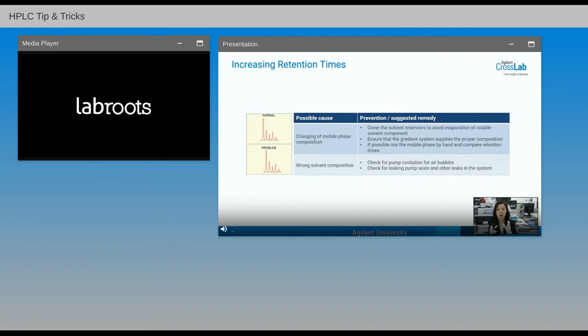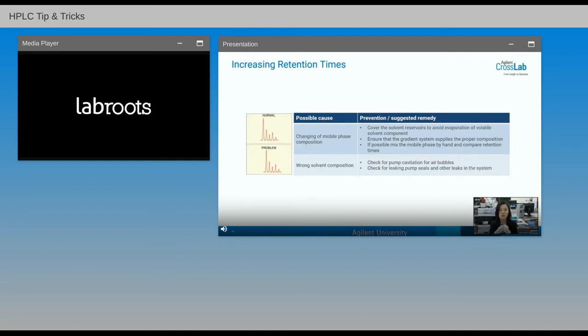But when your compounds elute later, it's no longer due to a column stationary phase defect, but it could be due to the wrong mobile phase being used, or the solvent mixture not being correct.